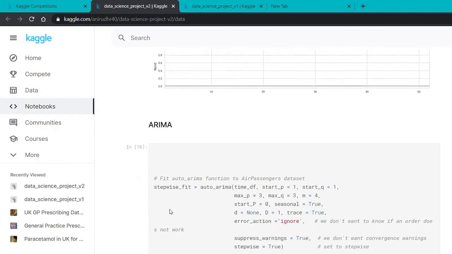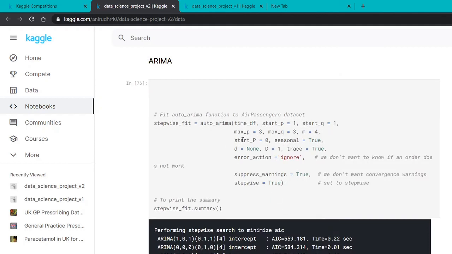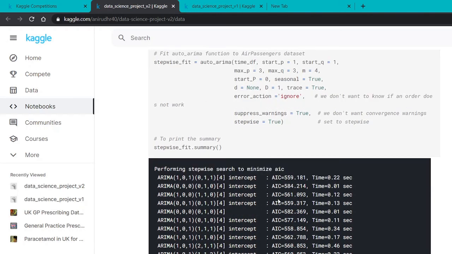Now coming to ARIMA. As you look at the graph here, we feel there is some seasonal pattern there. We can take an automatic method known as auto ARIMA, where we can define the initial parameters for P, Q, and D, where P is the number of time lags for auto regression, Q is the moving window size for the moving averages, and D is the number of differences that we take to convert the non-stationary time series data into stationary.